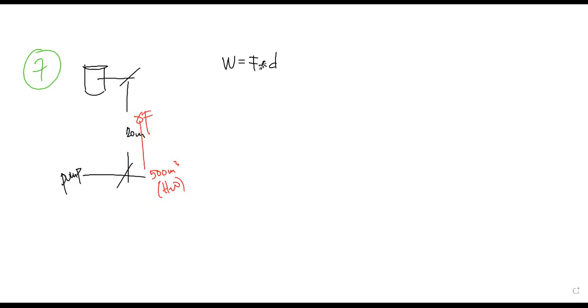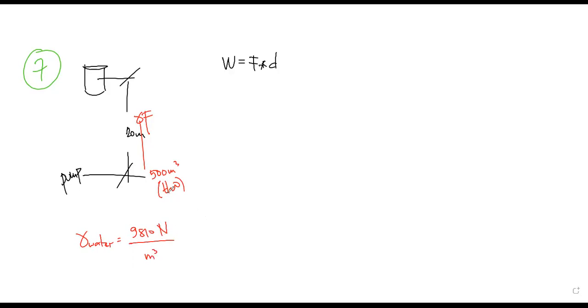We need to calculate the value of the force from this. If you can remember, the specific weight of water is equivalent to 9810 Newton per cubic meter.